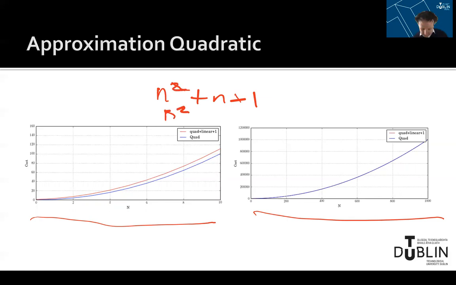But what we see here is they look a bit different here, but when we zoom out far enough, you can't tell the difference between the two graphs. They look identical. So does it matter if it's n squared plus n plus 1 when n gets large enough? No. These would both be of order n squared, or just n squared.